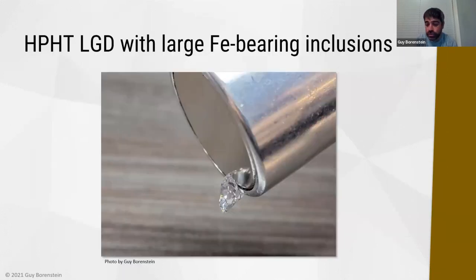If you have a lot of these metallic inclusions inside the stone, you can get a very unique property where diamonds are drawn by a magnet. So if you have a lot of these, you will be able to pull a diamond up with a strong magnet.